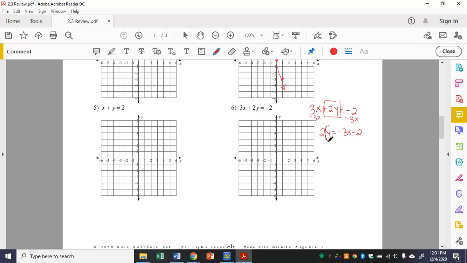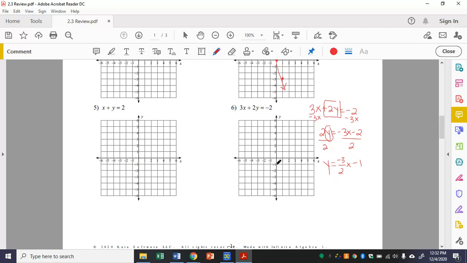And then again, my goal is to get y by itself. Because this is a multiplication, we do 2 times y. In order to get rid of this 2, we divide everything by 2. And then we're left with y equals negative 3 over 2x, and then negative 2 over 2, which is going to give me negative 1. So again, I can graph this.